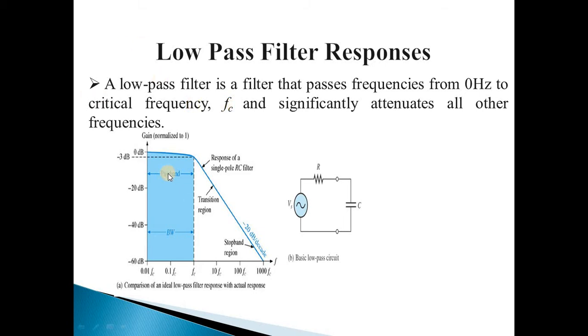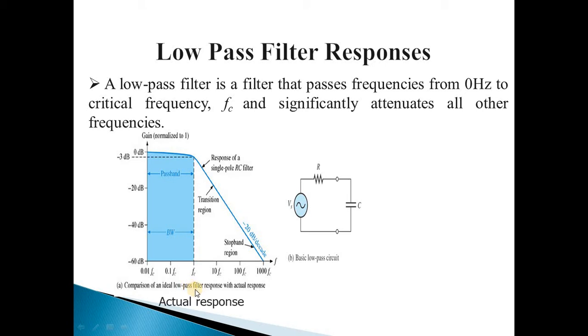This is the response of low pass filter, and in this response you can observe the frequencies from 0 Hz to critical frequency are allowed to pass and all other frequencies are rejected or blocked.